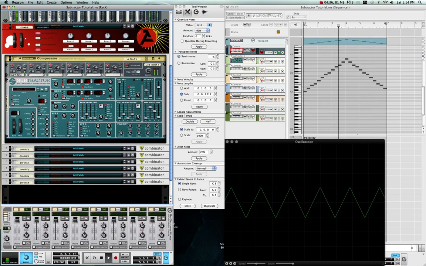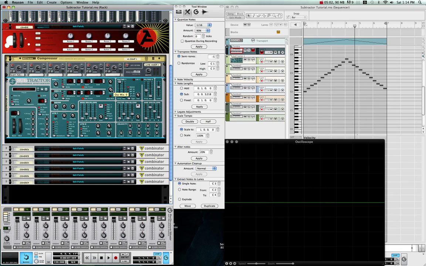Now, the next feature that's built into the Subtractor is an FM knob. FM is frequency modulation. The way that works is basically you have two signals, a carrier signal and a modulation signal.